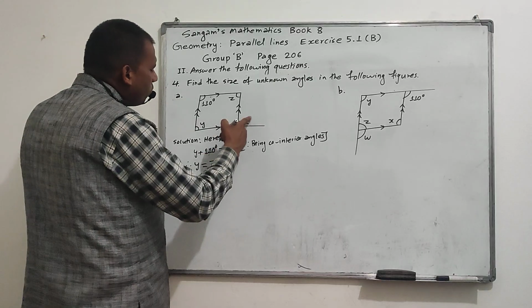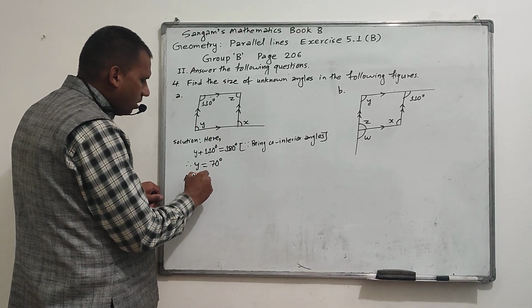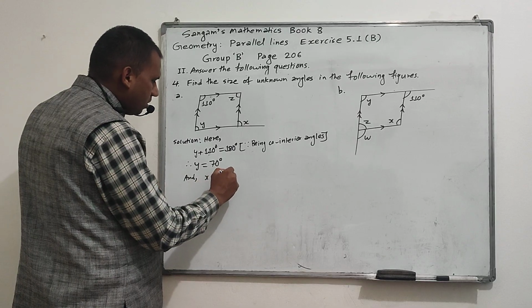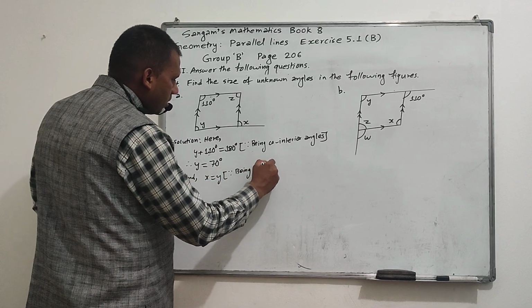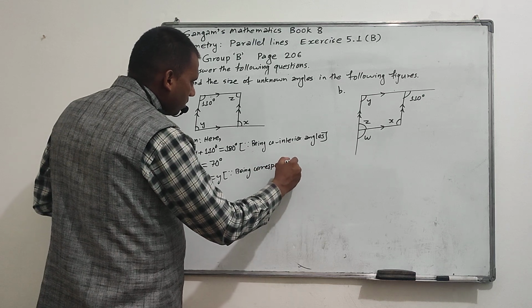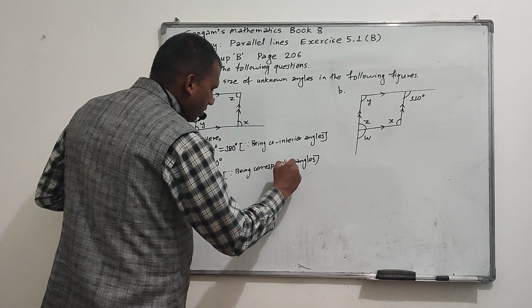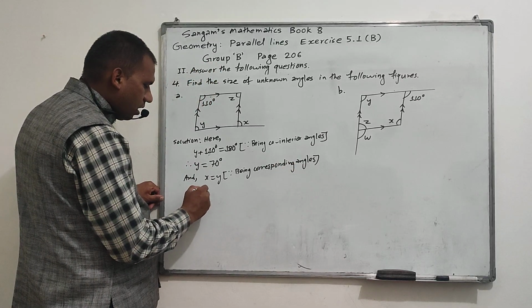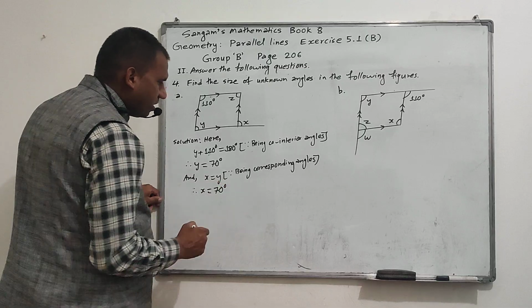Then x and y are corresponding angles, so we can write x equal to y, because being corresponding angles, therefore x equal to also y, that is 70. So x equal to also 70 degree.